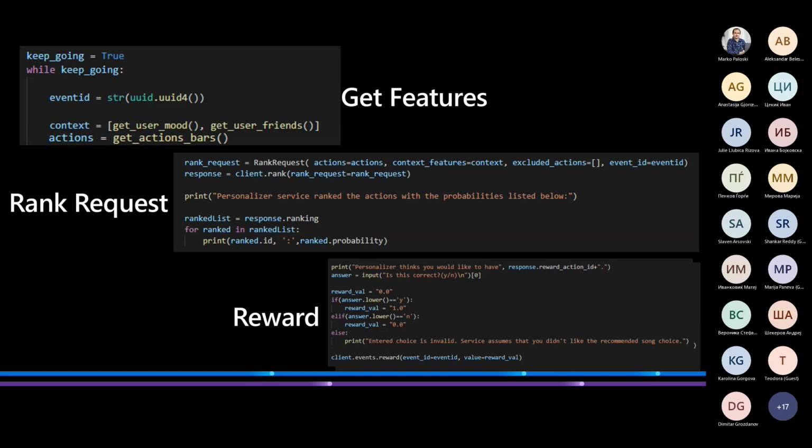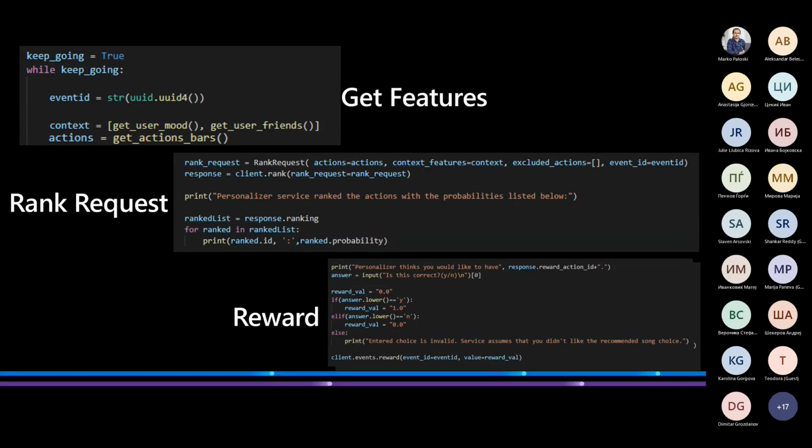In our case, it could be restaurants, it could be anything, and also the ranked probability, so how likely it is to be recommended to us and to be the thing that the user wants to see. And then we get to the last part of our bot, where the bot gives back the top ranked action, which, in our case, you can see in the third part, is the response reward action ID. So the best one.